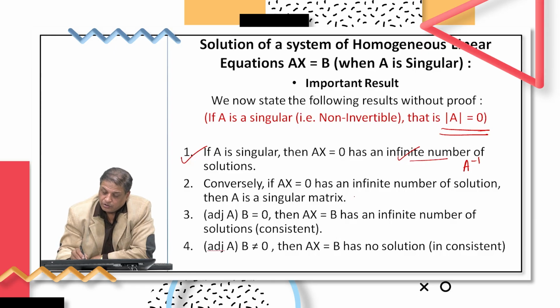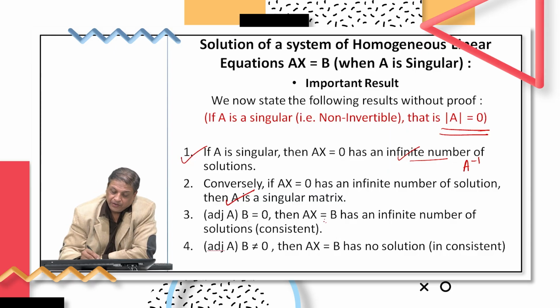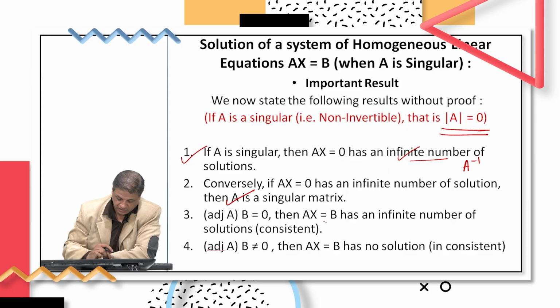Conversely, if Ax is equal to 0 has infinite solutions, that means A is a singular matrix, that means it is non-invertible. And if we have adjoint of A into B equal to 0, then Ax is equal to B has infinite solutions, and it is consistent. And if adjoint of A into B is not equal to 0, then Ax is equal to B, the system of equations, has no solution and it is inconsistent.